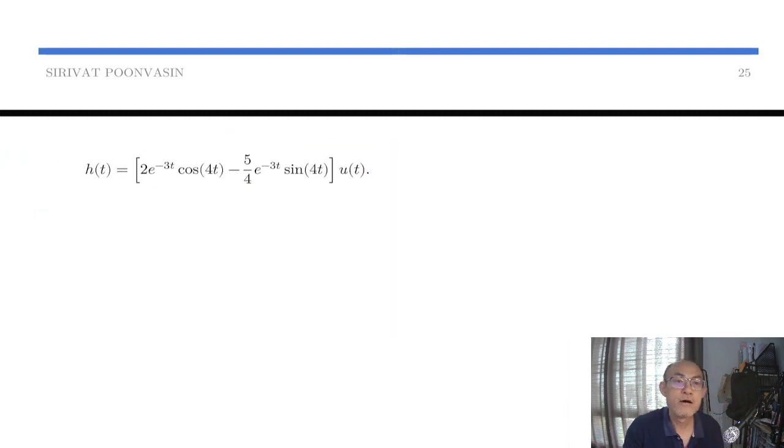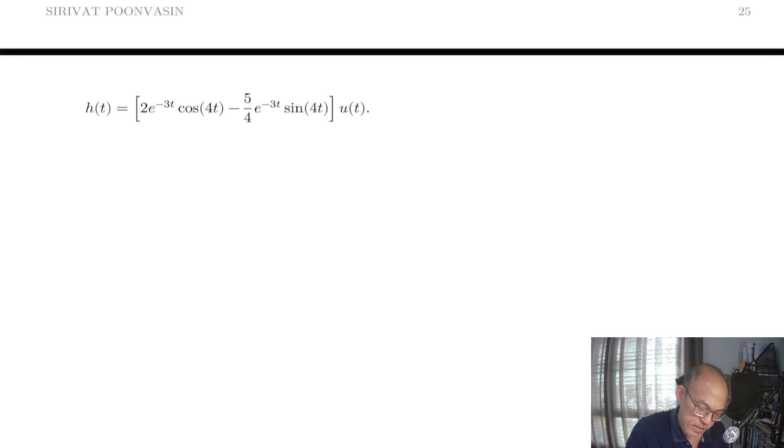Here, from here, all right, I can pull e to the minus 3t out, and inside I'm gonna have 2 over the square root of 2 squared plus 5/4 squared, minus 5/4 divided by the square root of 2 squared plus 5/4 squared.